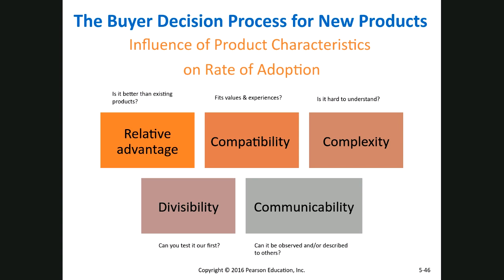Divisibility. Can we try it out? Right? Is there some trial purpose? I saw an ad for Carvana yesterday, where you can pick out a car online and they bring it to your house. And I noticed they were encouraging people to take it on a trip, bring it back, and if you don't like it, they'll come pick it up.